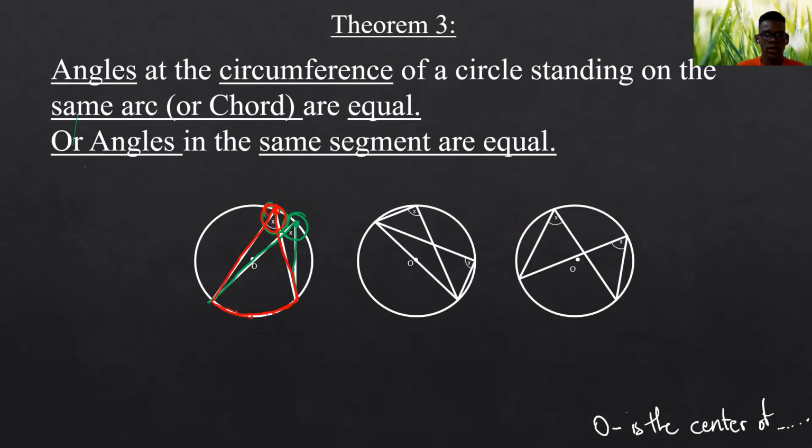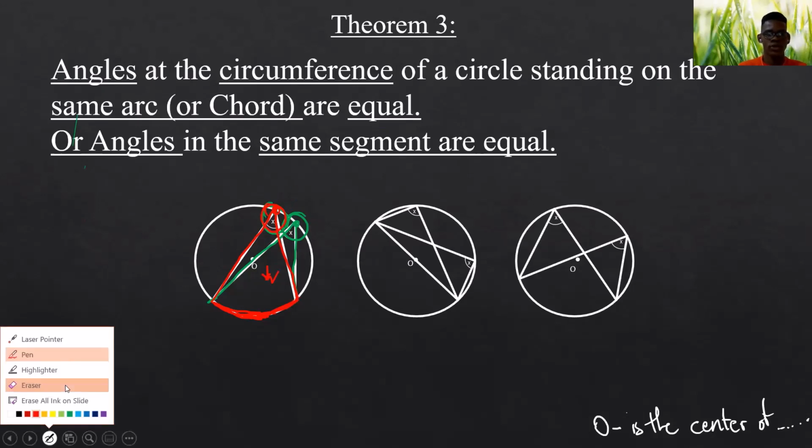This portion of the circumference is what they're standing on. They're facing this, both of them. So they're both standing on the same arc, they're both on the circumference, and therefore they're equal to each other.